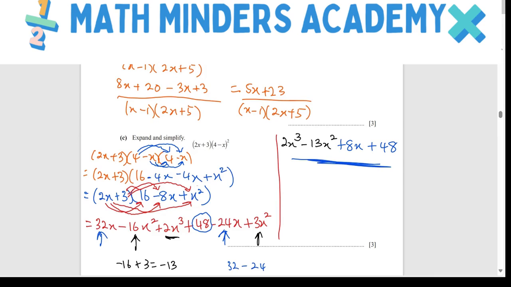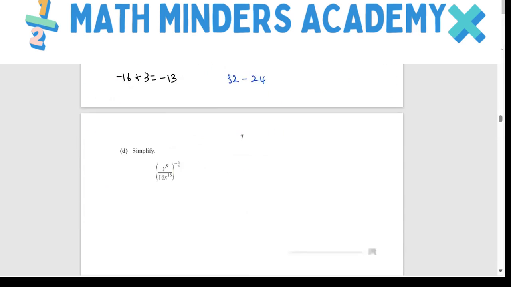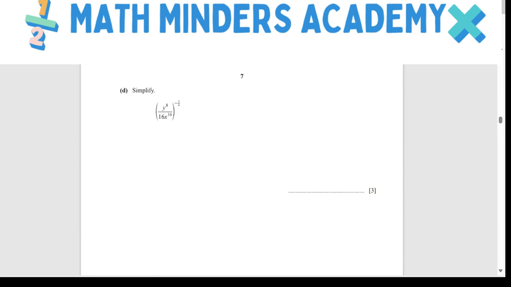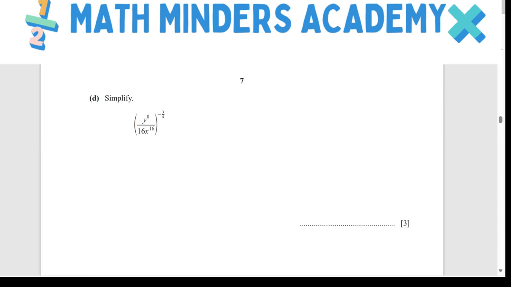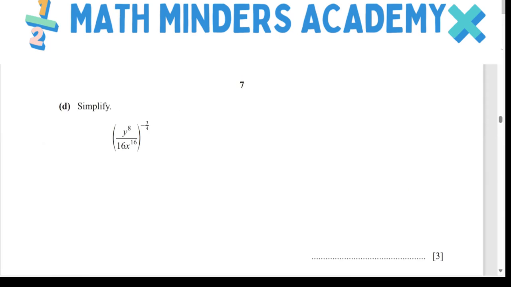Let's proceed to question number 3D. We want to simplify these indices. So what we do here, first, to remove this negative, we can take the inverse of this power, of this inner bracket.